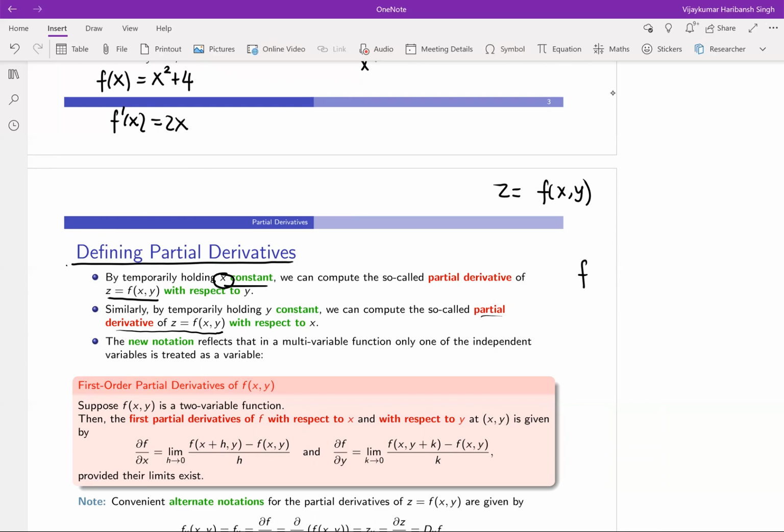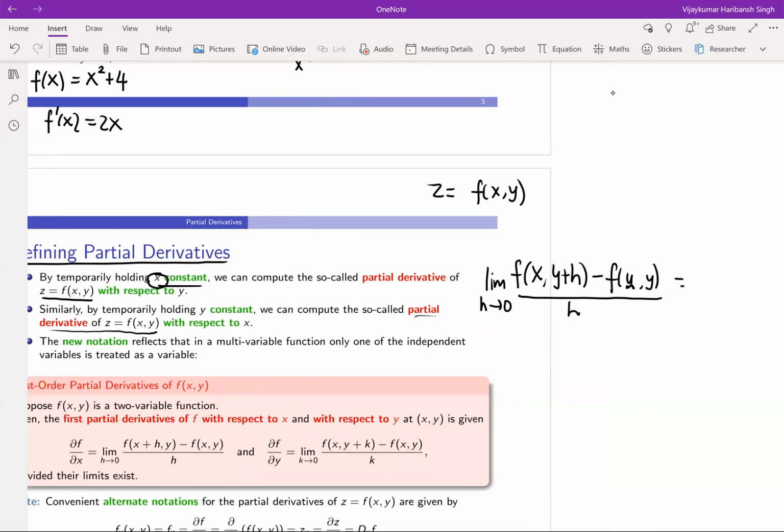So it will be f of x, y plus h minus f of x, y, and you divide by h. You let the limit as h goes to 0, and this will be your partial derivative of your function f with respect to y.